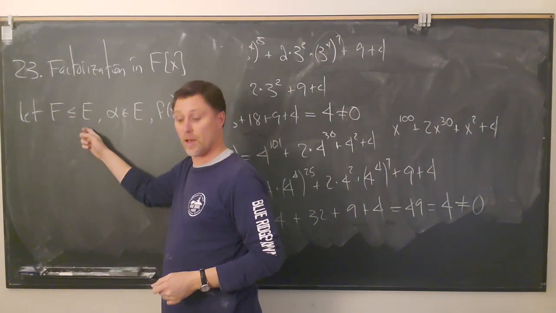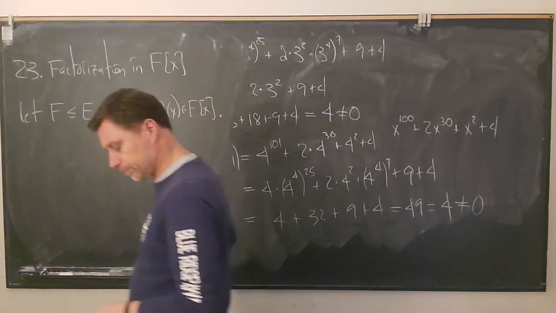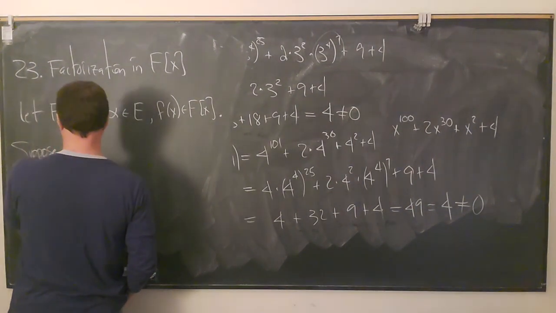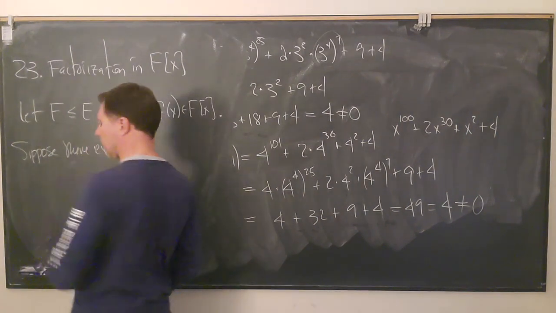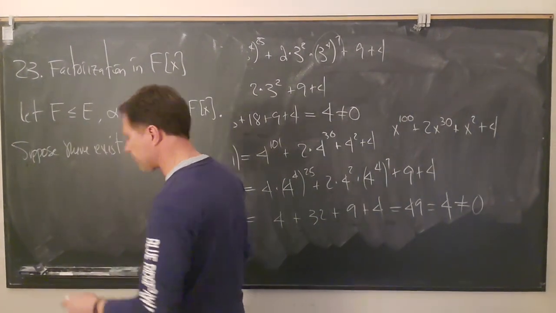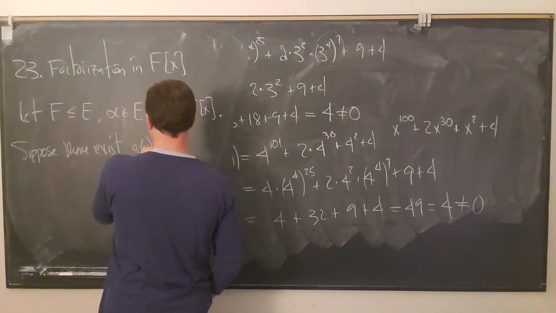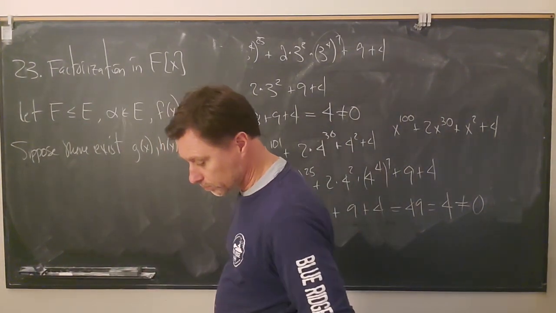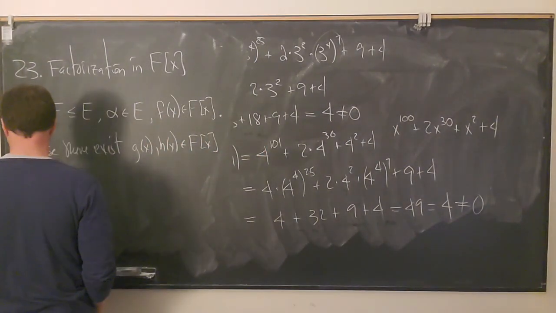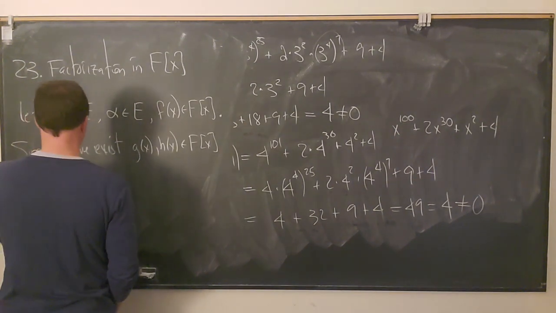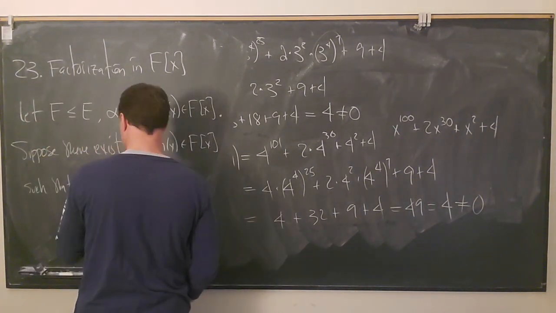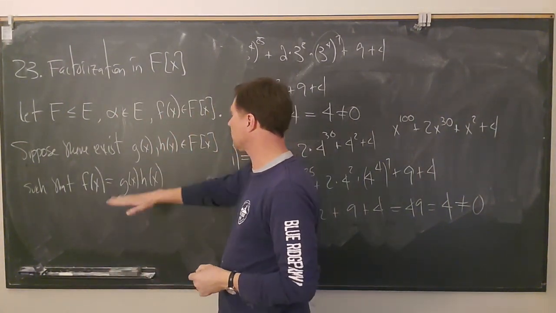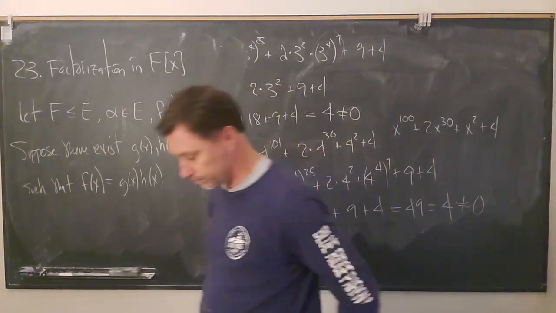F a subfield of E. Now suppose there exist a couple of polynomials, g of x and h of x in F bracket x, such that f of x is equal to g of x times h of x. In other words, suppose that we can factor f of x as a product of those two.